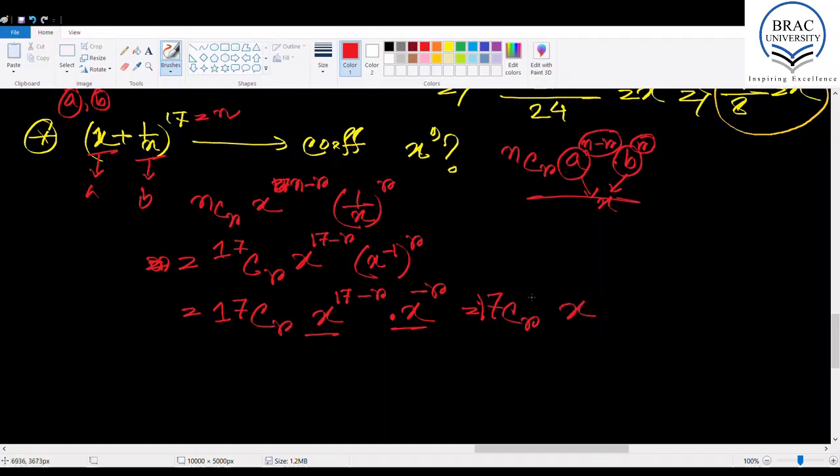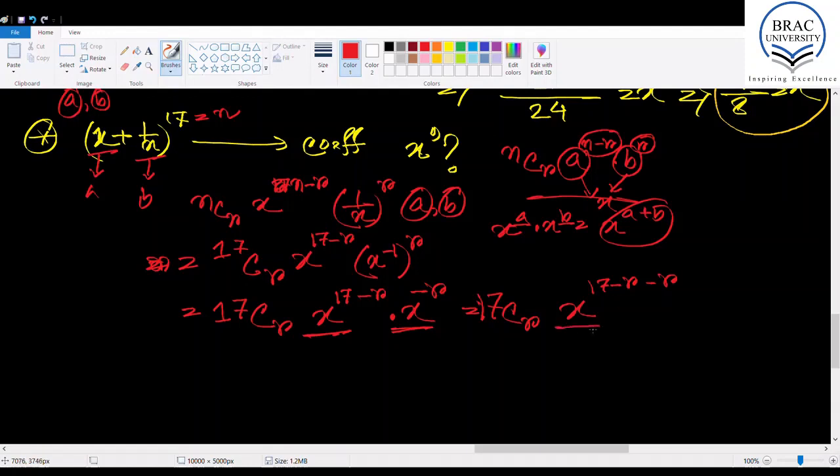So as we know, x to the power a into x to the power b equals x to the power a plus b. We all know exponents and logarithms. That means x to the power 17 minus r minus r. Can you see that in the previous cases, a and b would remain separate from each other, but here a and b have been merged, right?